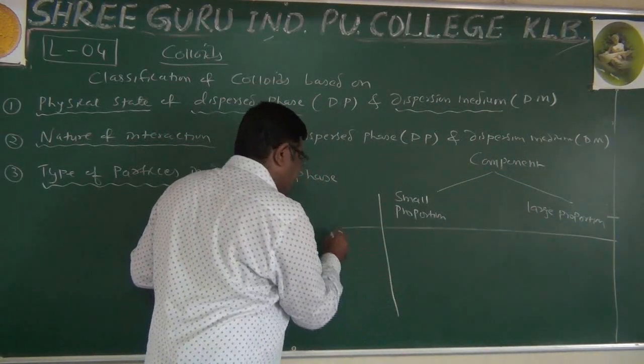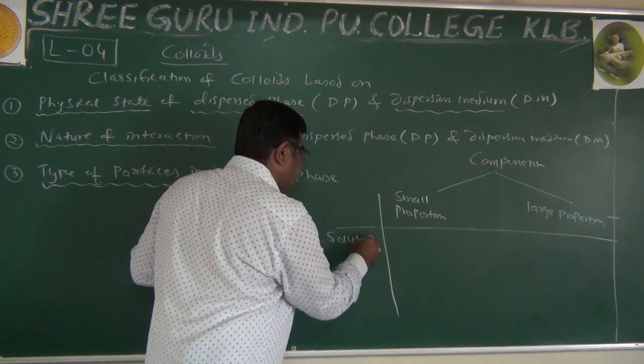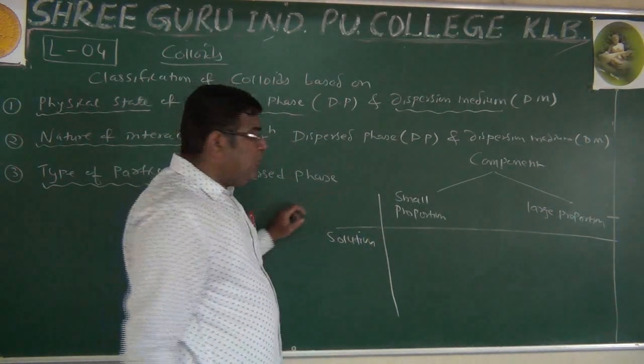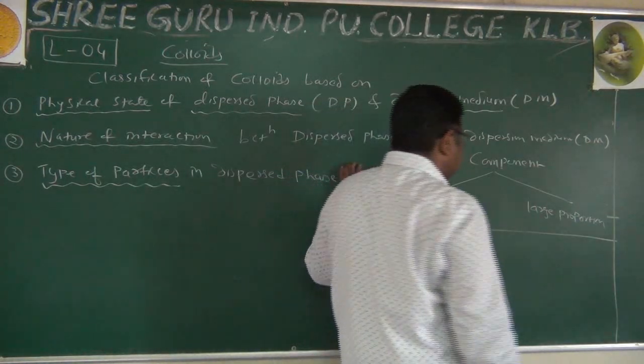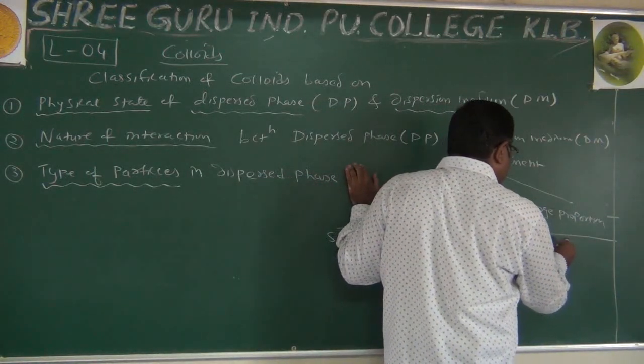In solution, that present in small proportion we call solute, and that present in large proportion we call solvent.